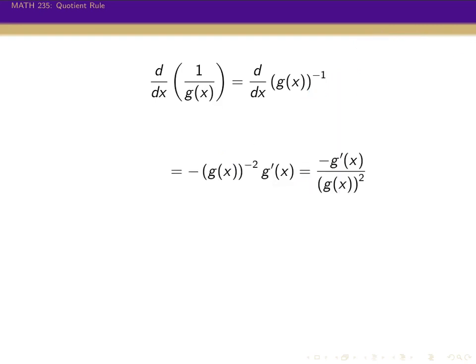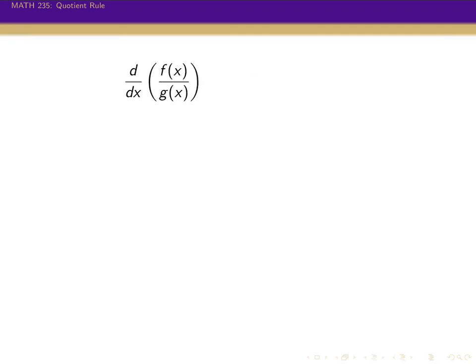So let's clean this up. There we are. Since we have a negative exponent here, we can move that back into the denominator. And so this is equal to minus the derivative of g divided by g of x squared. So the original g squared. Okay, and so this is coming just from using the chain rule and the fact that we know the derivative of 1 over x.